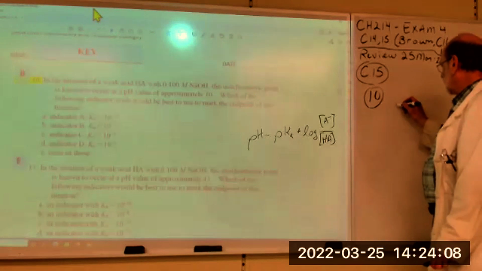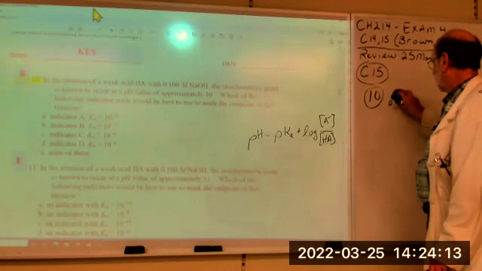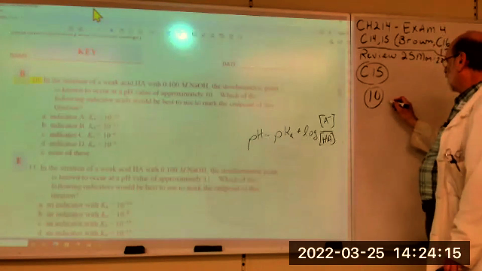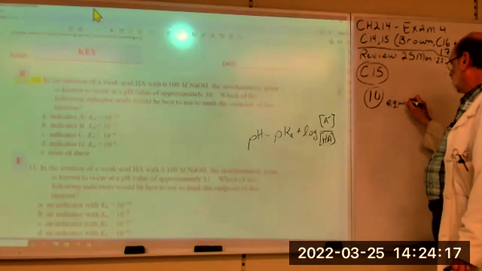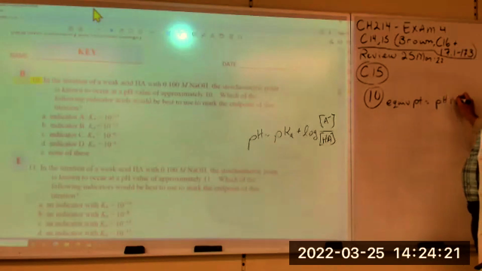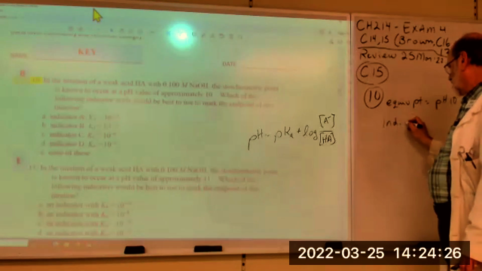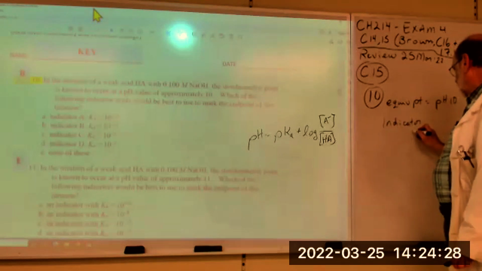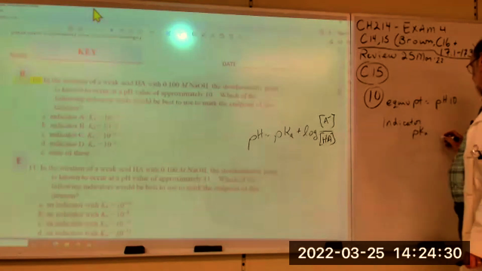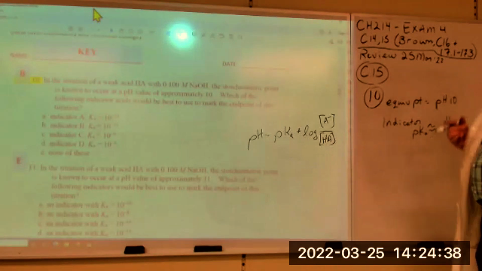What you try to do is, if the equivalence point is equal to pH 10, you want your indicator pKa to be approximately equal to that pH, or as close as possible.